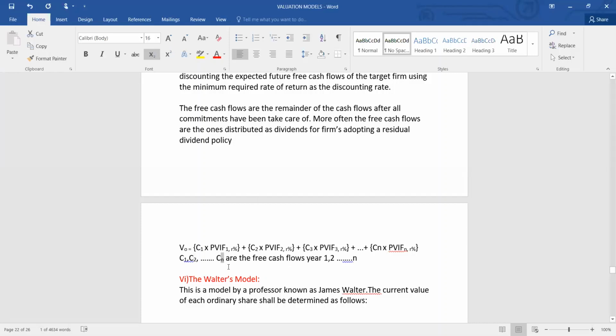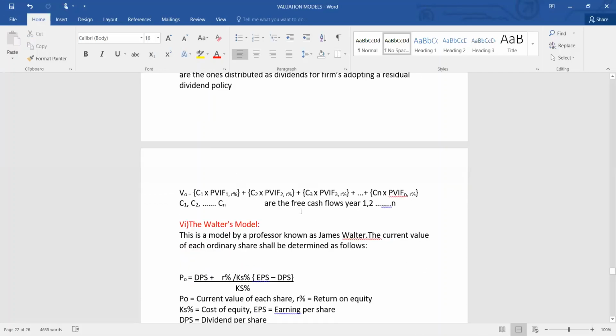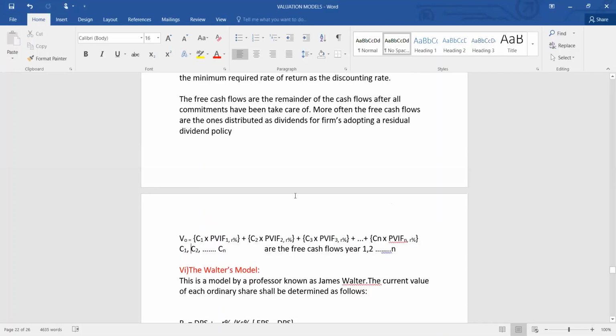I don't think there should be an issue with the computation of the weighted average cost of capital. We expect that from your other subjects, from business finance and financial management, you should be comfortable in establishing the weighted average cost of capital.